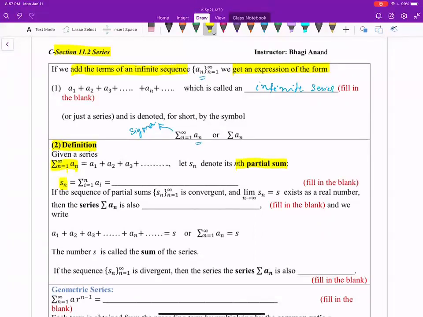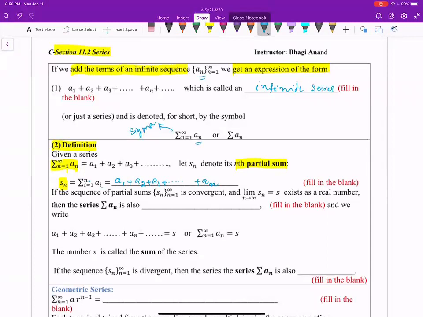The S sub n stands for sigma i varying from 1 to n a sub i. So you give the values for i starting from 1 and go up to n. So it will be a sub 1, a sub 2, a sub 3, and so on up to a sub n. So the last value of i is n.